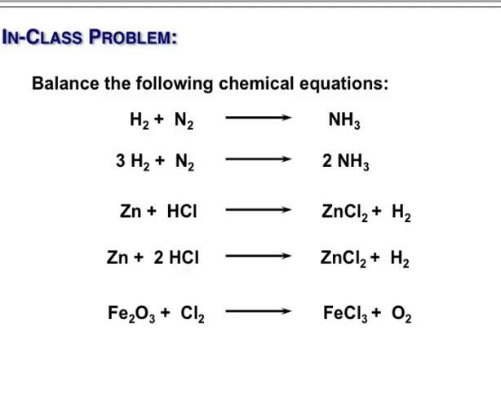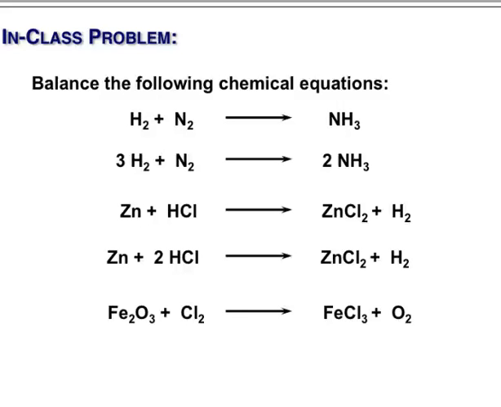So we're going to start off by doubling this one. Now that's going to give us 4 irons, so we're going to need a 4 right here, correct? How many oxygens? We have 2 of them out here, our coefficient's 2. That's 6 oxygens. So we're going to need a 3 right here, correct?